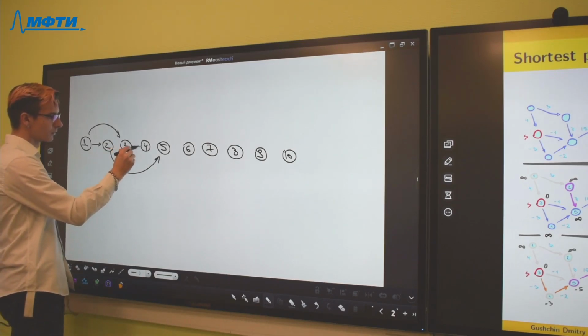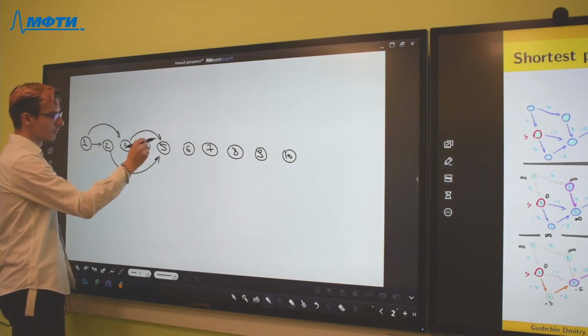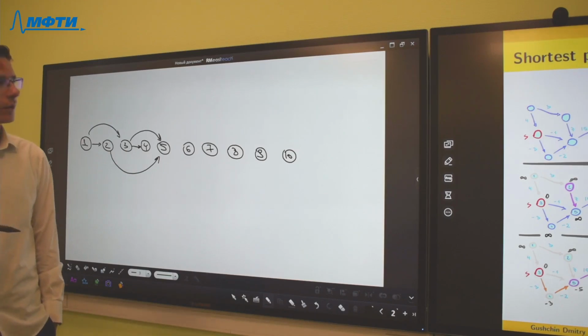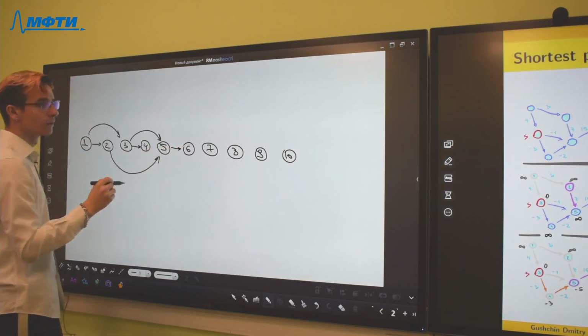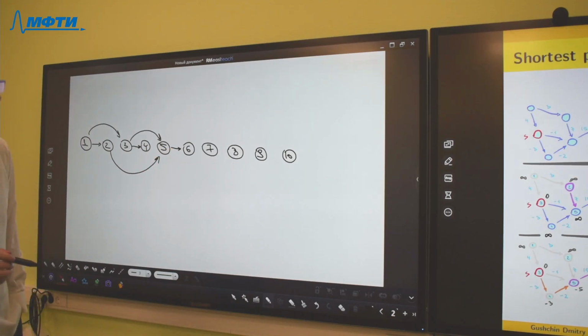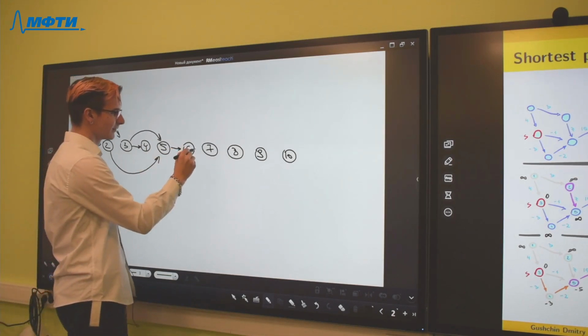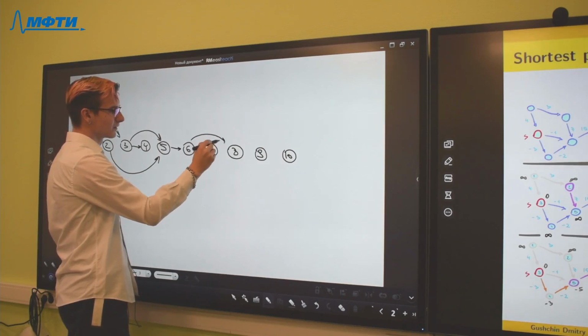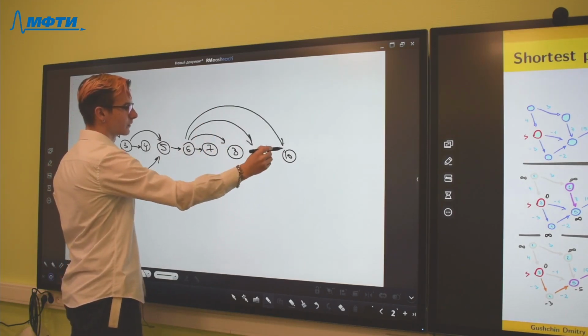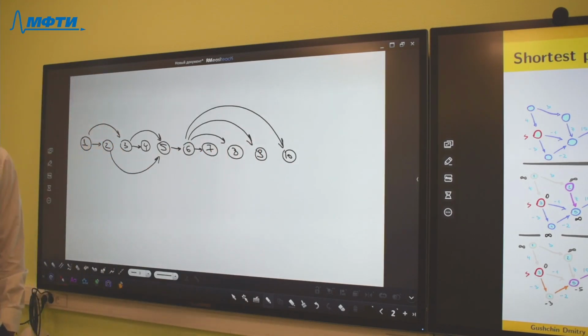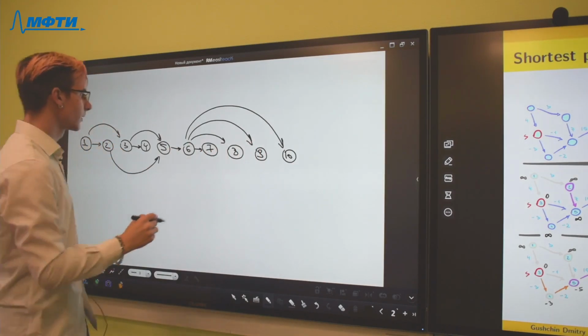From the fifth to other vertices that have a bigger number than 6, and from 8 to 9.